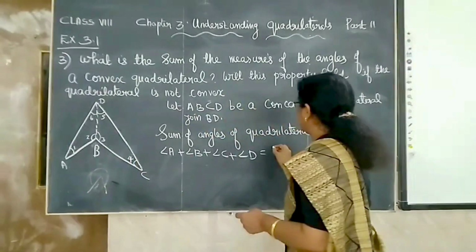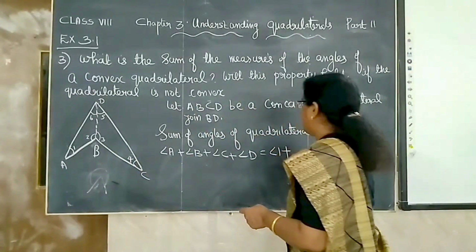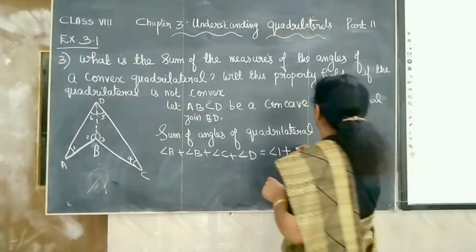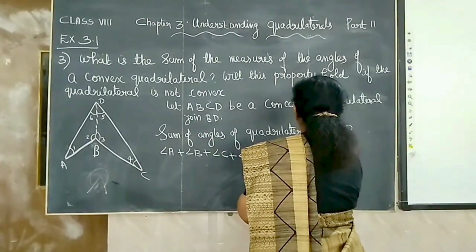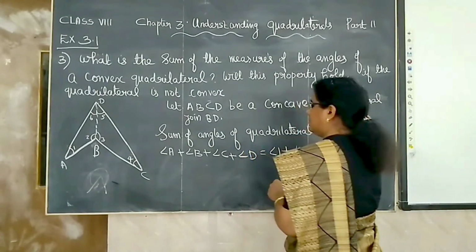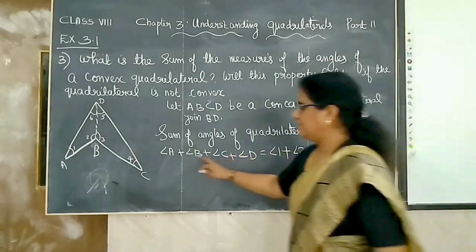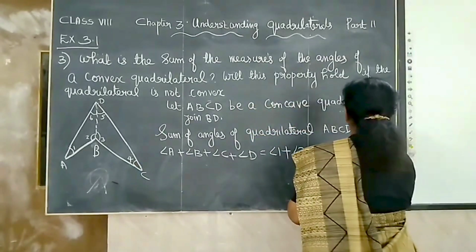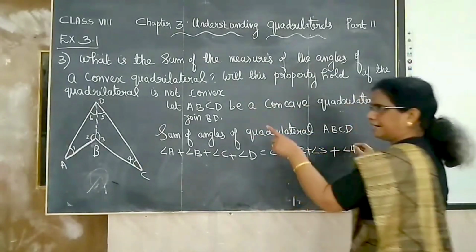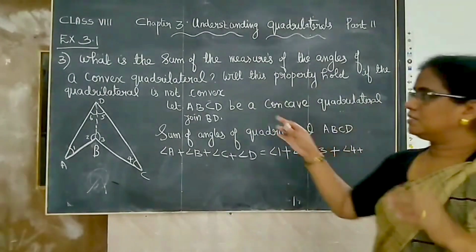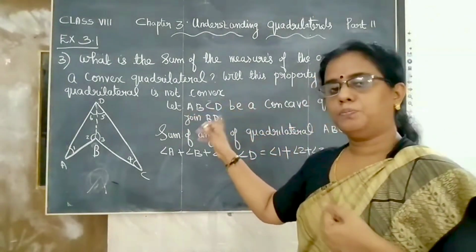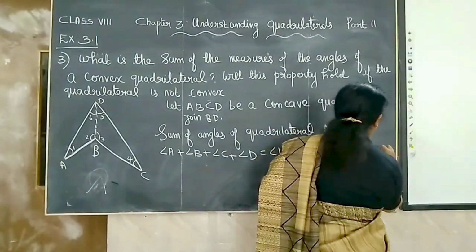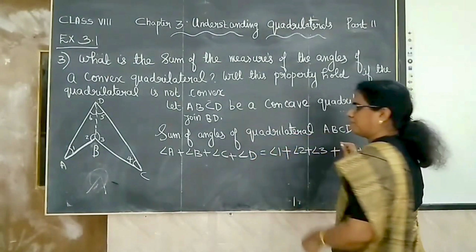So angle 1 plus angle B, which is angle 2 plus angle 3. Then angle C is angle 4. Angle D is also the sum of two angles, angle 5 plus angle 6.